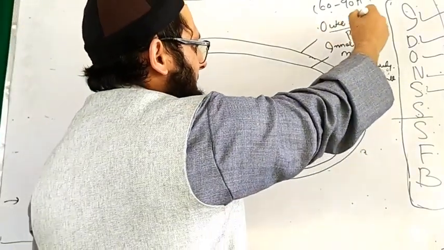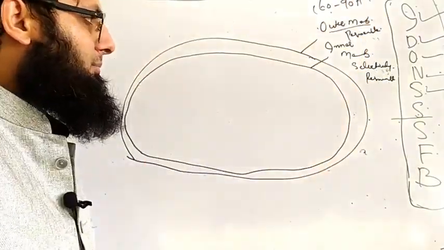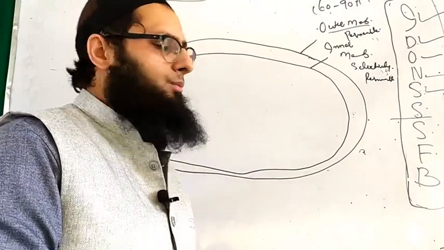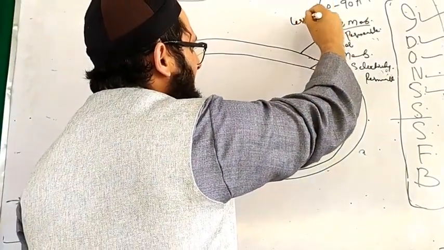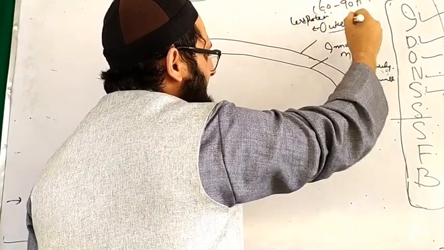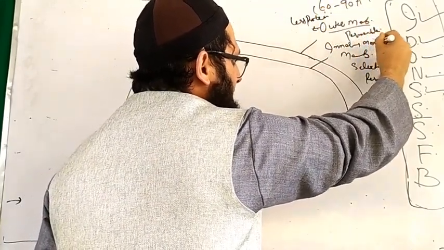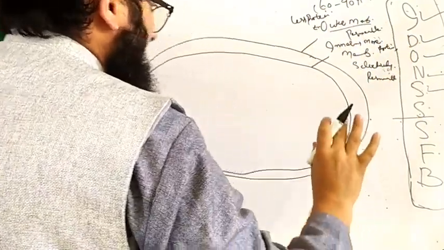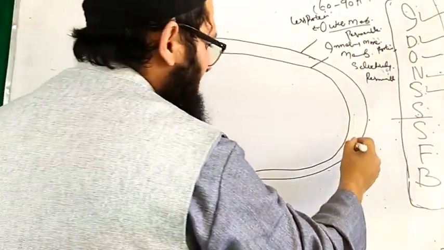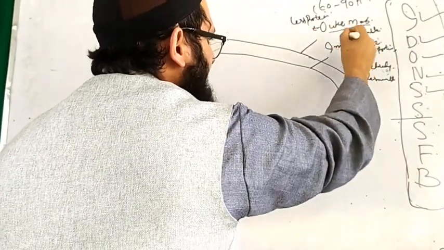However, the outer membrane is permeable, it allows everyone to go, because it has fewer proteins, whereas the inner membrane has more proteins, which makes it selectively permeable.